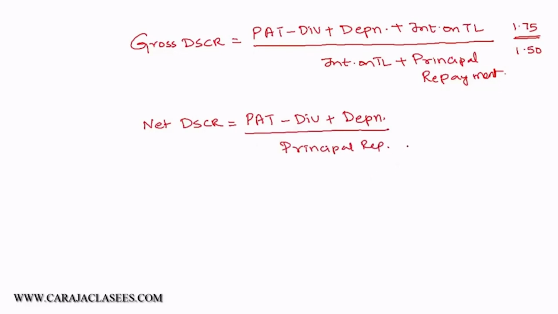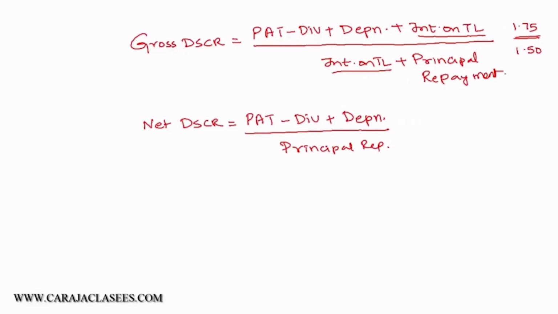In general, this net DSCR will always be greater than gross DSCR, because gross DSCR is also looking at the servicing of interest, whereas here from these cash flows we are focused only on servicing of principal. So this ratio is expected to be higher than gross DSCR.